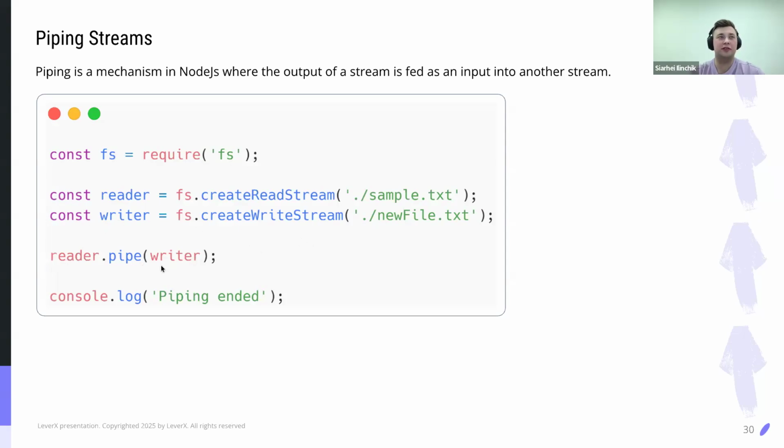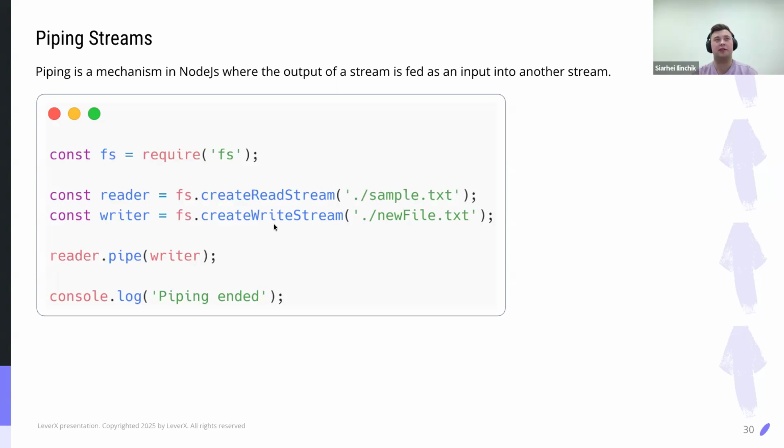In order to do this, we can use the pipe method. It would take each chunk which we receive from the reader stream and give it to the writer stream. So piping means that we are providing the output data of the first stream to the input data of the second stream.